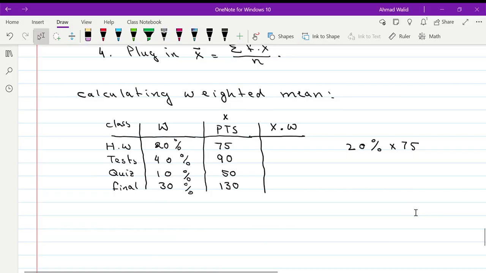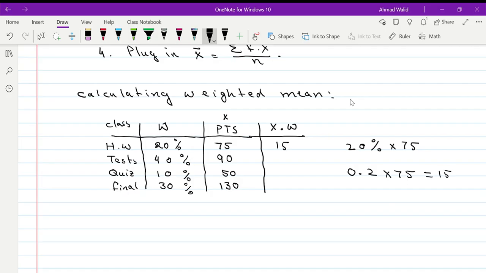Now, here what you do, you are multiplying 0.2 times 75. Again, using your calculator, 0.2 times 75. You end up with 15, correct?